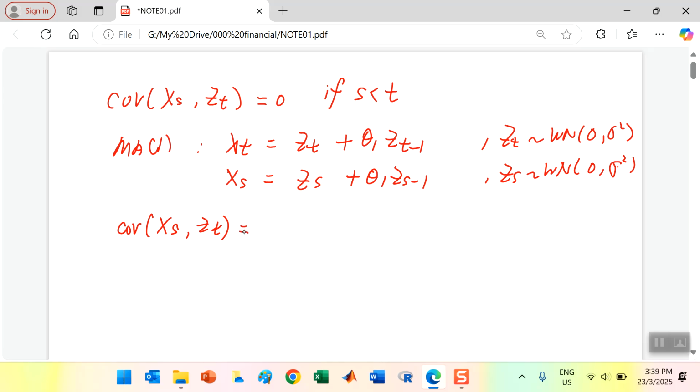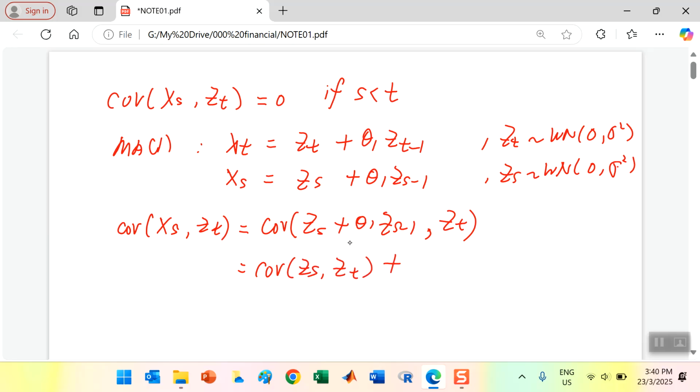So in this case, if you substitute XS, which is ZS plus theta 1 ZS minus 1, into the covariance with ZT, then we can say that it is the covariance of ZS and ZT plus the linear relationship.